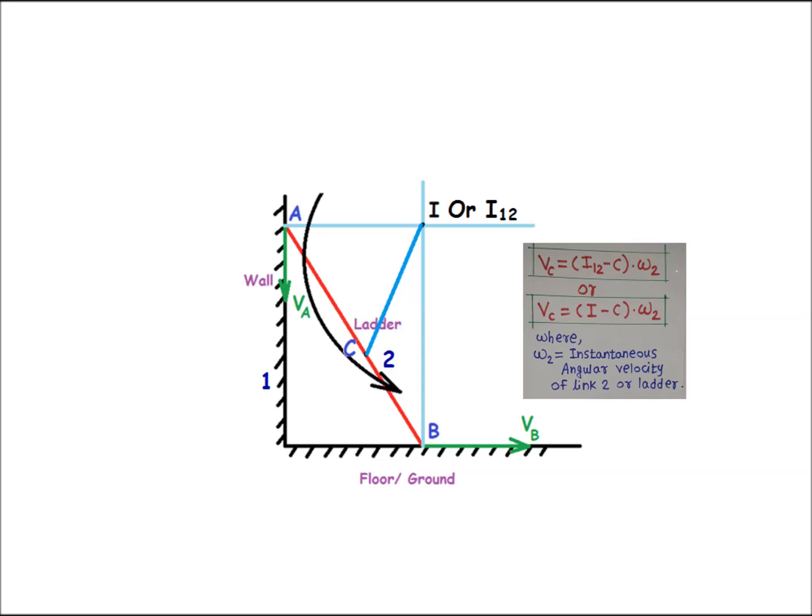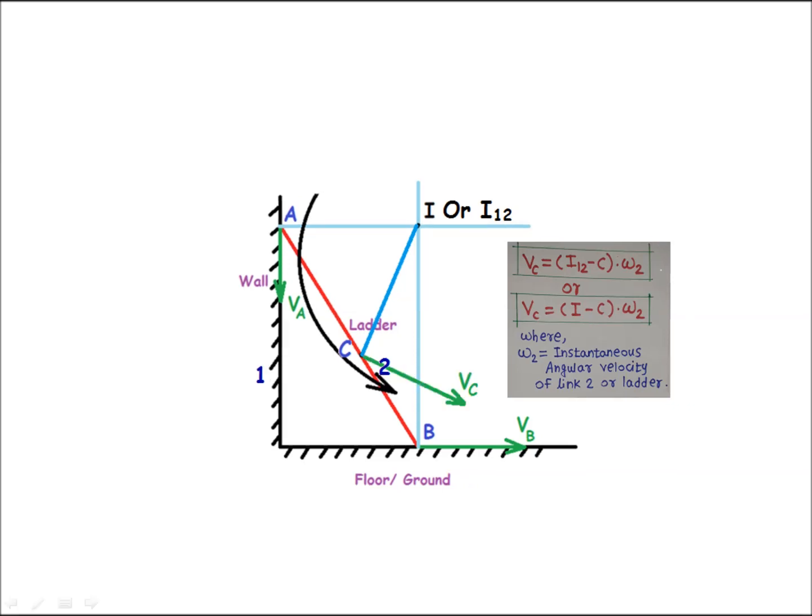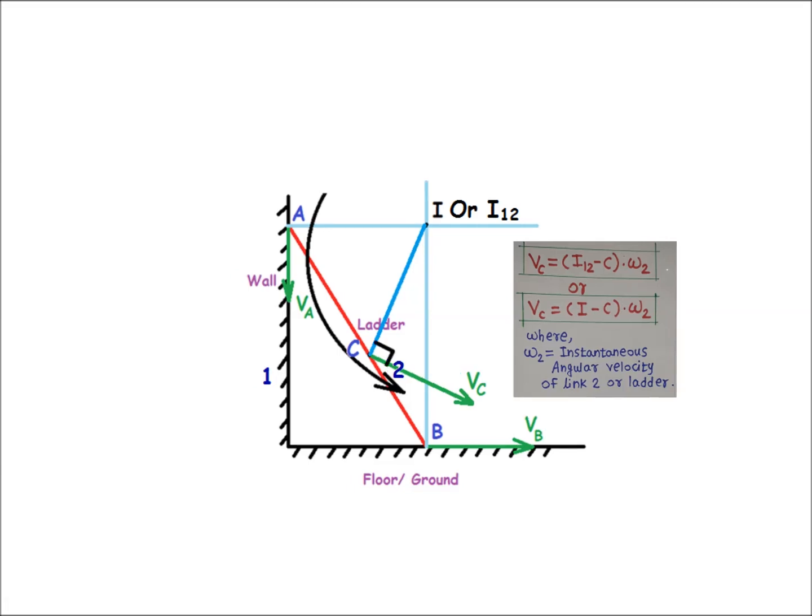So relation for VC is equal to I12C into omega 2, where omega 2 is instantaneous angular velocity of link 2 or ladder, or we can say omega 2 is angular velocity of link 2 or ladder at this instant. Or we can have relation VC equal to IC into omega 2, and velocity at point C will be perpendicular to I12C or IC in the direction shown on the screen.